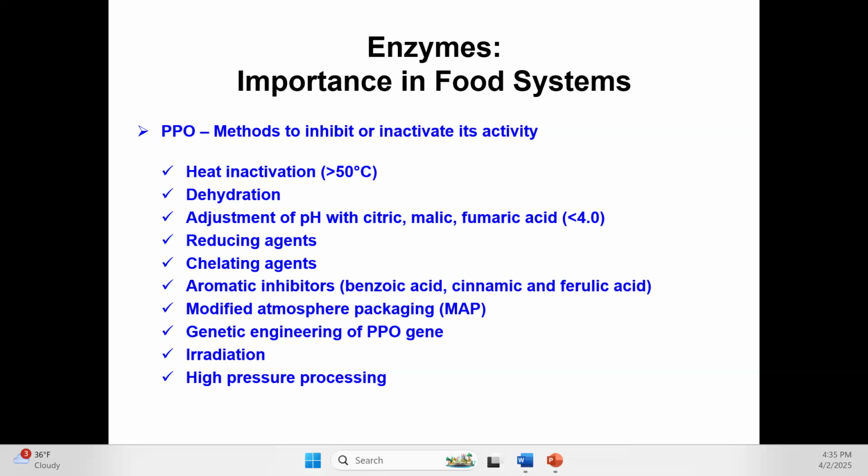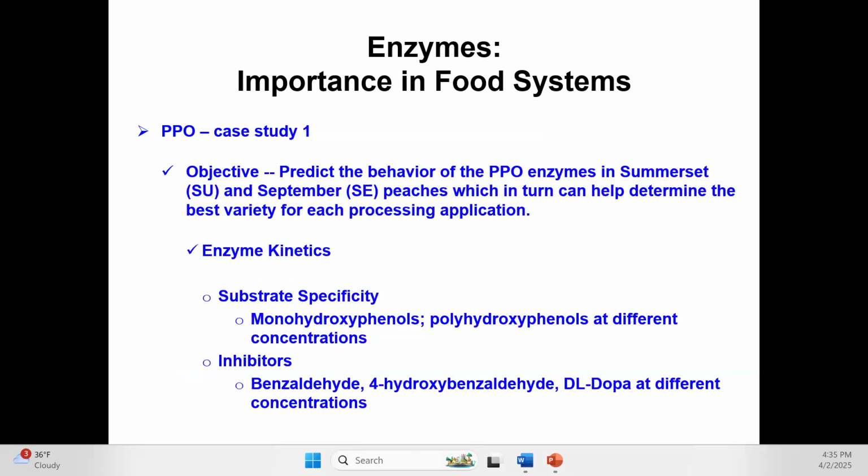Okay. Irradiation, also high pressure processing. So a lot of different ways to inactivate polyphenol oxidase. So one example, and it's also a paper that I have on Canvas for you to look at. So here what they looked at to determine two varieties of peaches.